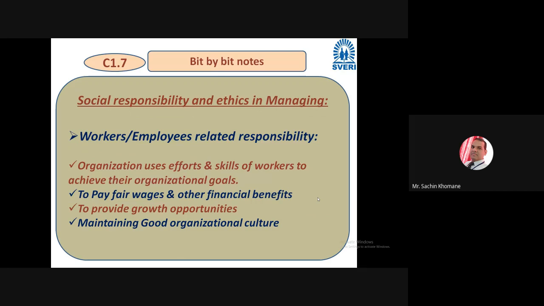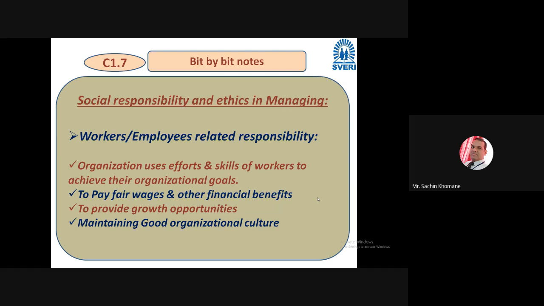Workers-related responsibility. Now friends, if you see the count of workers compared to management-level employees, it is always more. Management-level people are very few in the organization, but workers are more. Organizations are using the efforts of their employees and workers, the skills they are using, and they are achieving their organizational goals.